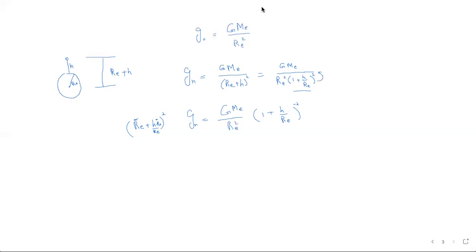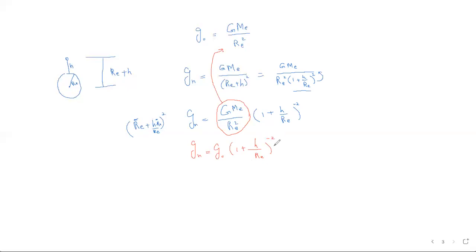So now if you look carefully here, what is this? Is it the same? Yes. So then gh is equal to g naught into 1 plus h divided by RE, to the power minus 2.